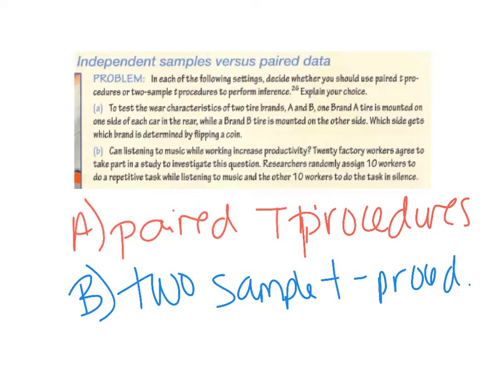One group is listening to music, and one group is working in silence. That would have been a matched pairs experiment if they had had 20 workers do the task with music, and then the same 20 workers do it without music. But since they split it into two groups, where one gets music and one doesn't, this is two samples.